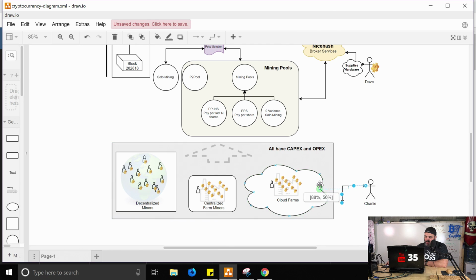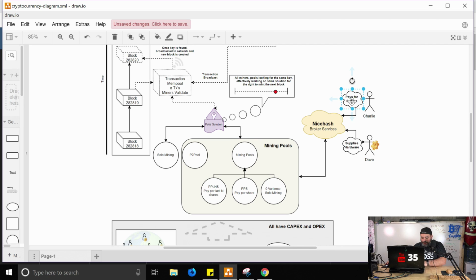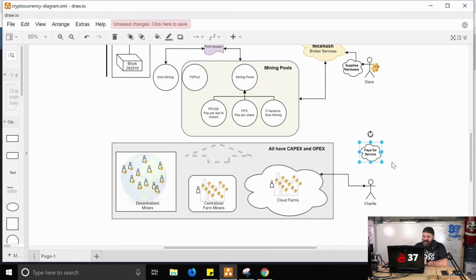system here, kind of like a pay-per-service, where you want to pay for hash power, and you will receive essentially a discounted amount of cryptocurrency, because you're going to pay minus fees, essentially. So there's a lot less overhead. You do not have the CapEx part of this.